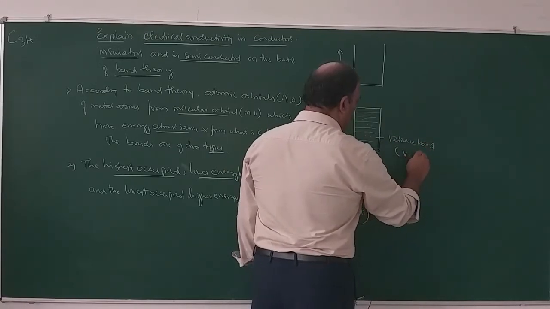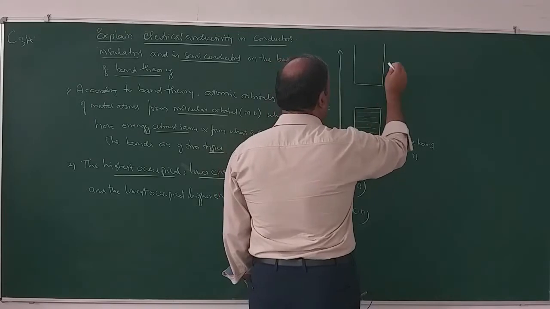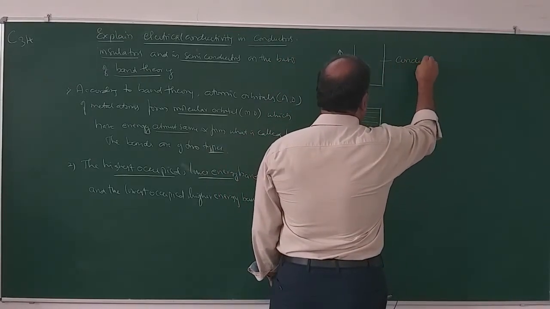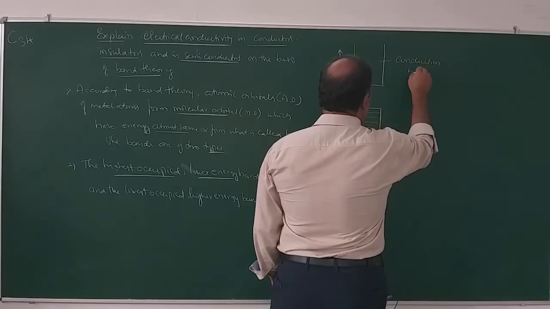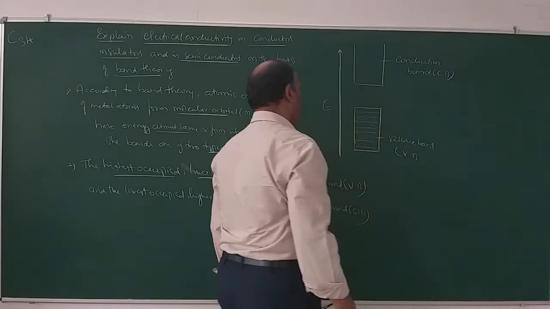It is called VB. The lowest occupied higher energy band is called conduction band. So this is CB.